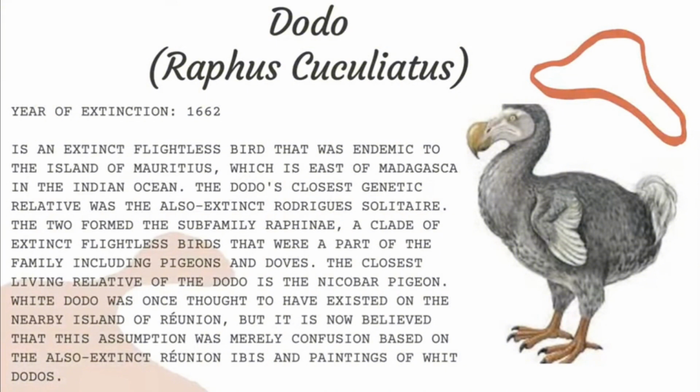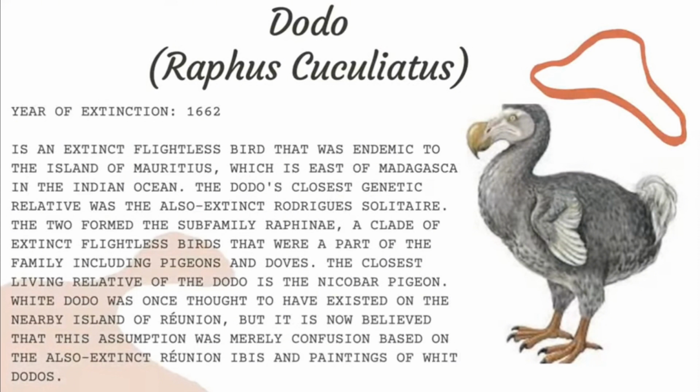Dodo. Year of extinction: 1662. The dodo is an extinct flightless bird that was endemic to the island of Mauritius, which is east of Madagascar in the Indian Ocean. The dodo's closest genetic relative was the also extinct Rodrigues solitaire. These two form the subfamily Raphinae, a clade of extinct flightless birds that were part of the family including pigeons and doves.